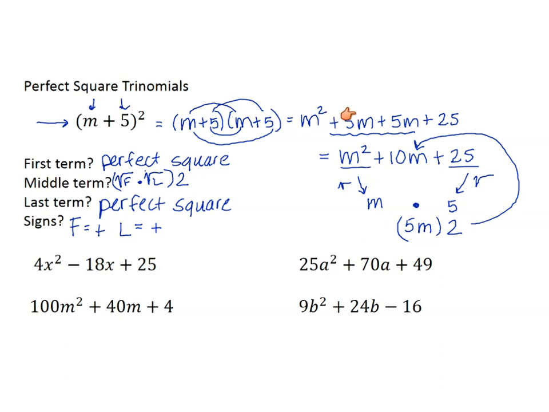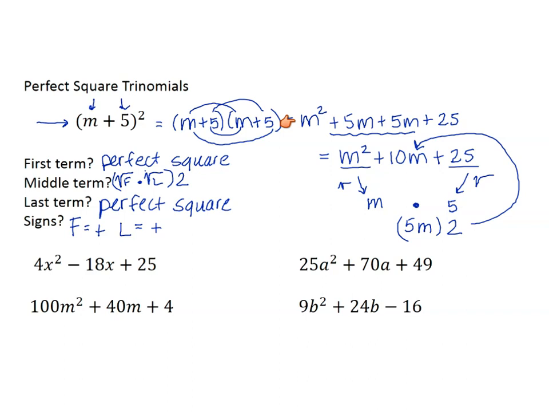So I'm either going to have a positive 5 and a positive 5, or a negative 5 and a negative 5. But regardless of whatever the sign in the middle is, when I multiply a positive times a positive, I get a positive. When I multiply a negative times a negative, I get a positive. So this last term will always be positive, and the first term will as well.